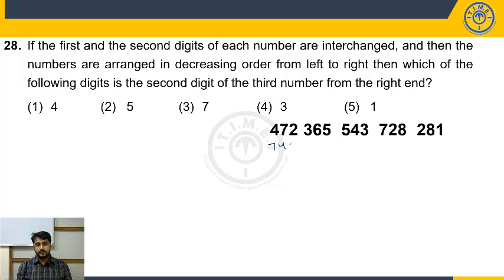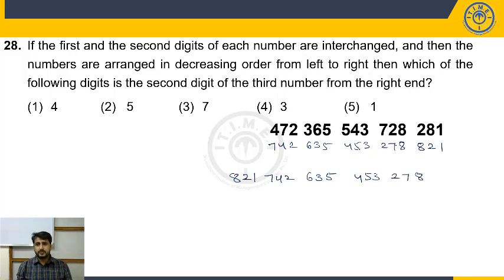So 742, 635, 453, 278, 821. And the numbers are arranged in decreasing order from left to right. So first will be 821, 742, 635, 453, 278.